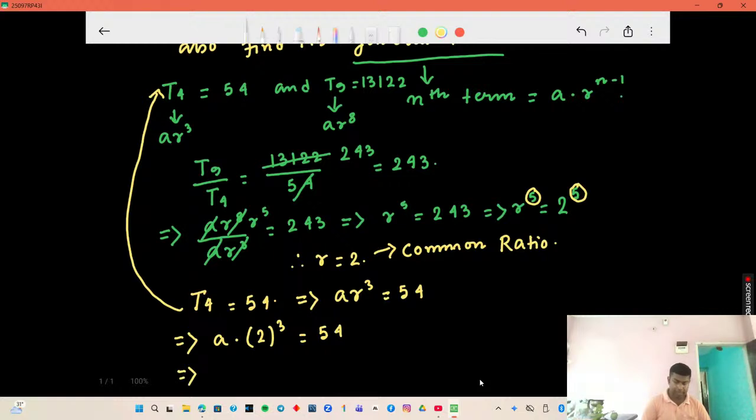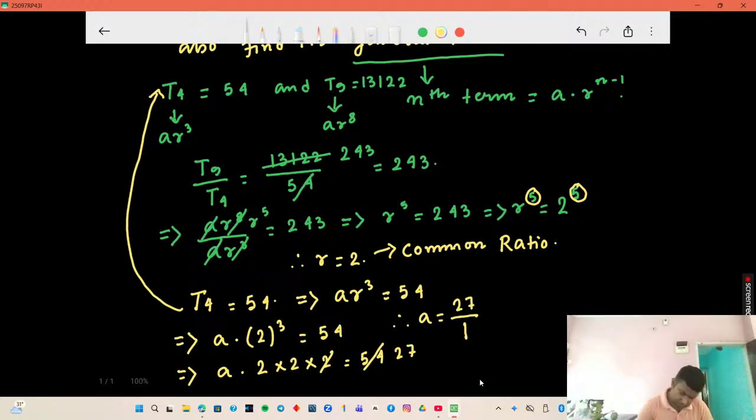Therefore, now we will write A into 2 into 2 into 2 is equal to 54. So now when we calculate this, we will get A is equal to 27 by 4. Is it clear to you? So what is the value of A?